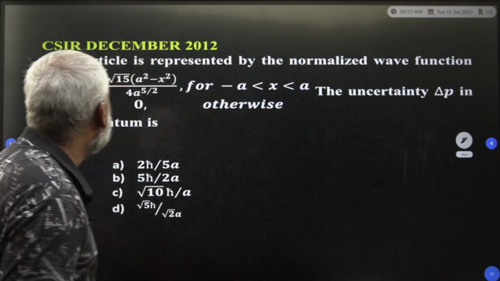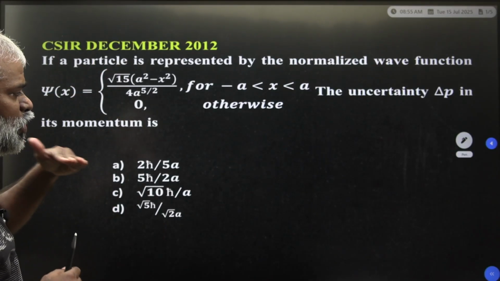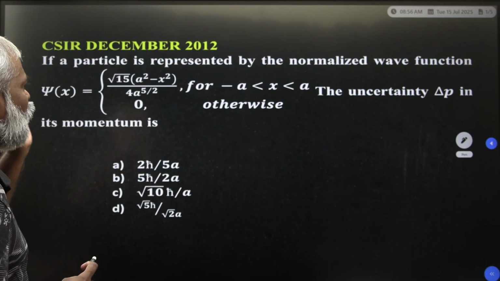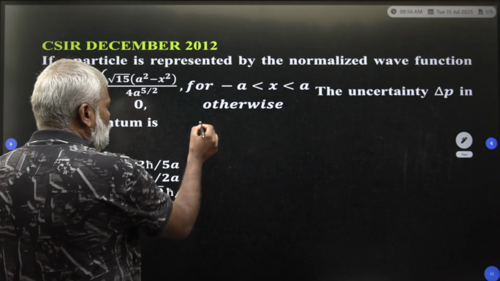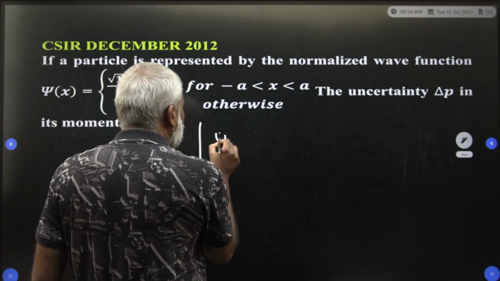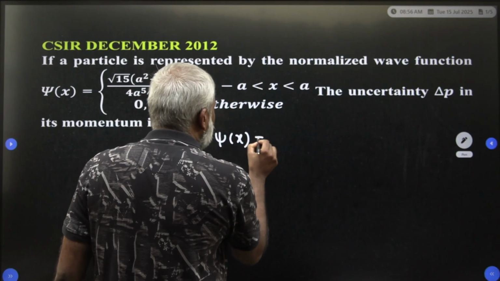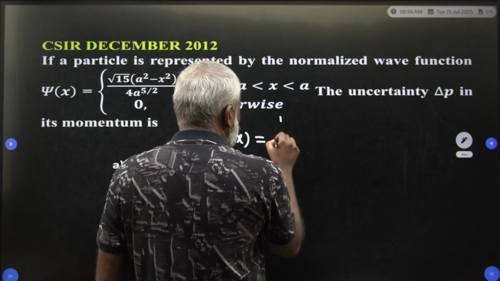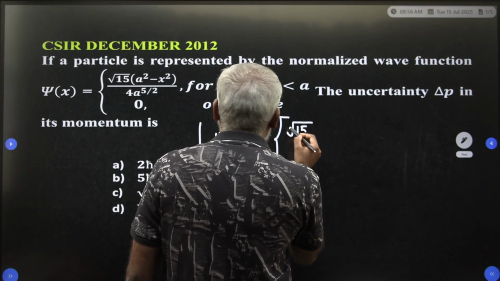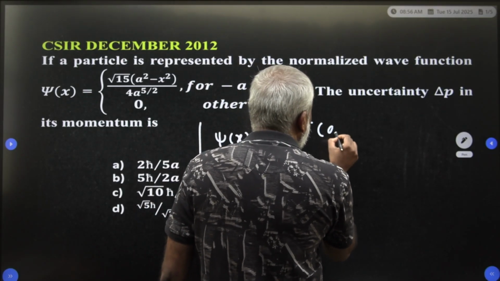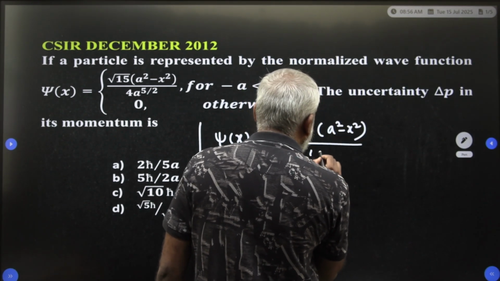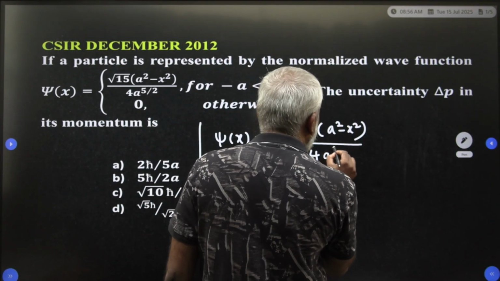Now you have to see. In CSIR December 2012, there was a question. If a particle is represented by the normalized wave function, psi of x is equal to root 15 into a square minus x square divided by 4 into a to the power of 5 by 2.